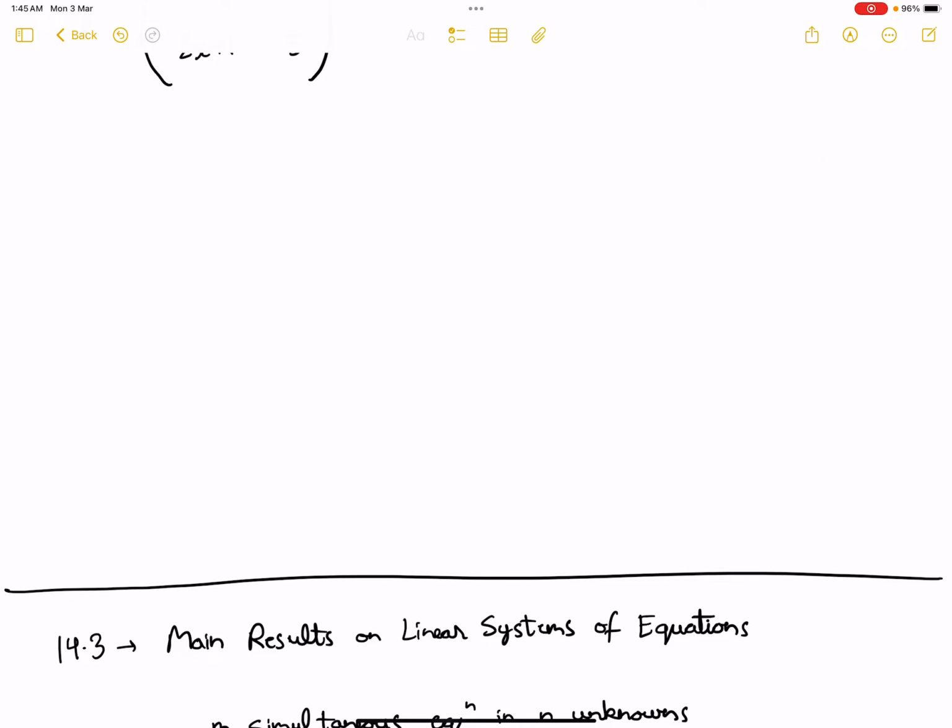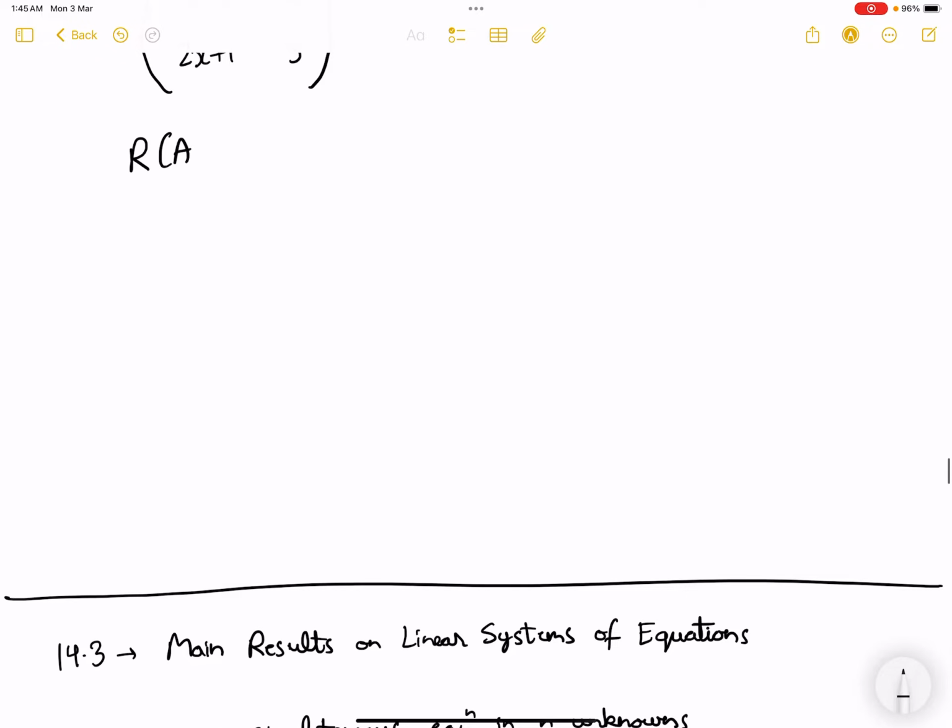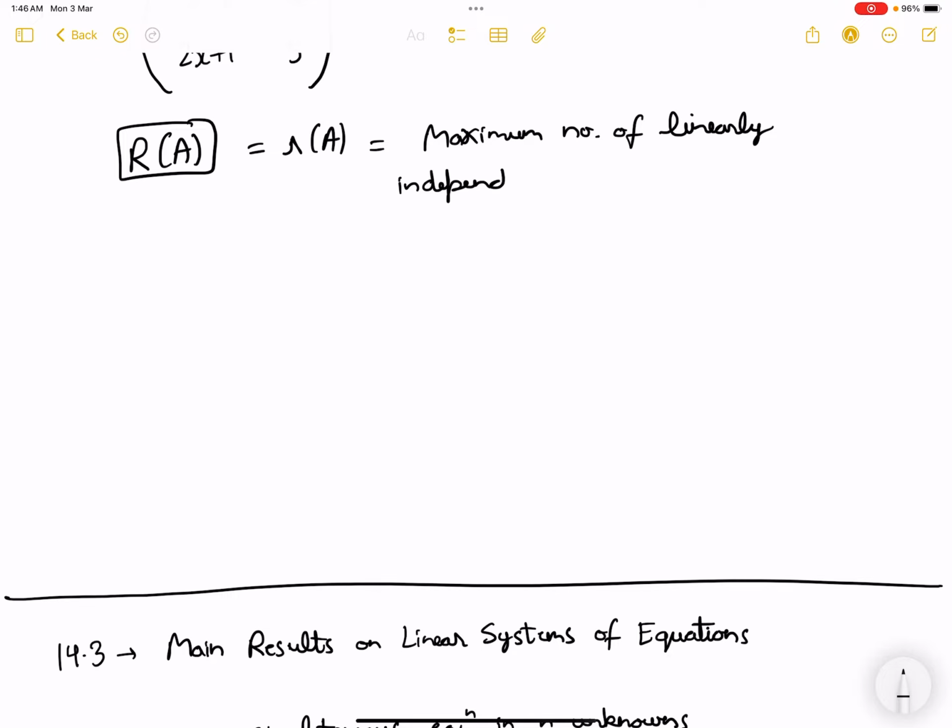Hello everyone. In the last lecture that I uploaded, we studied the rank of a matrix, which we denote as rank of A. It is the maximum number of linearly independent rows or columns in a matrix.